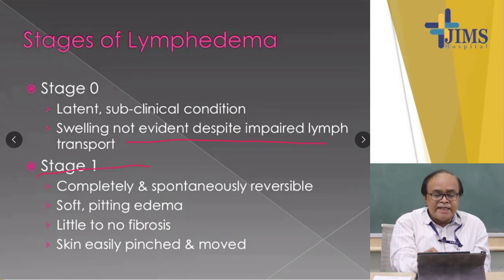When the patient takes rest or keeps the limb elevated, the swelling completely disappears. This swelling is soft and this edema is pitting edema. There is little to no fibrosis, no thickening of the skin, and the skin is easily pinched and moved.